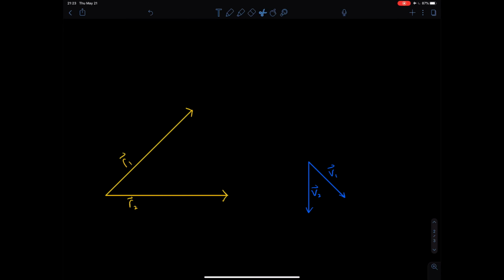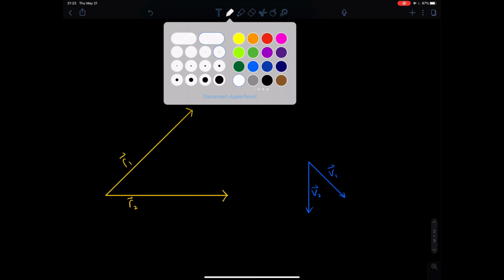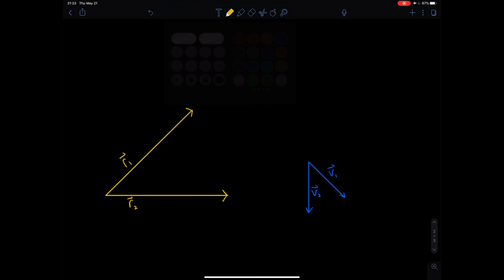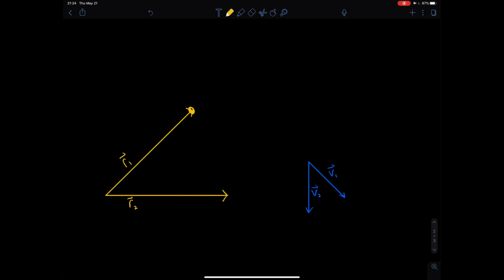Now, I could get my change in position vector out of these. We talked about the displacement vector. If this is where I was initially and I moved to here, my displacement vector is going to be the vector from one point to the other. So this vector here is going to be my displacement vector, delta r.